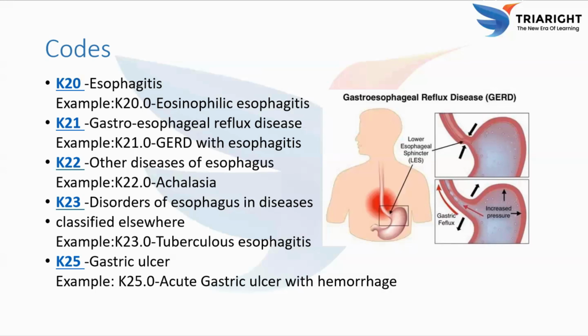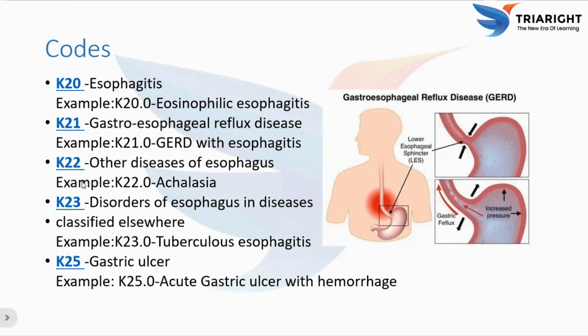You can see over here, due to the stomach acid flowing back into the esophagus, it causes irritation and damage. This results in gastroesophageal reflux disease. It's a common condition seen in outpatients. The main symptom of GERD is heartburn.